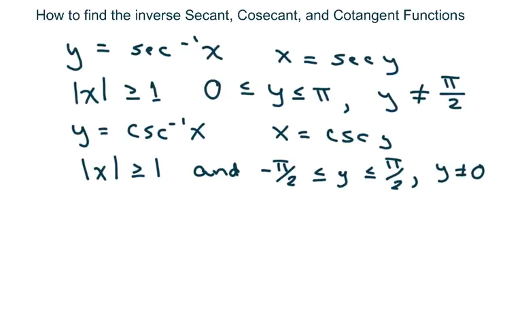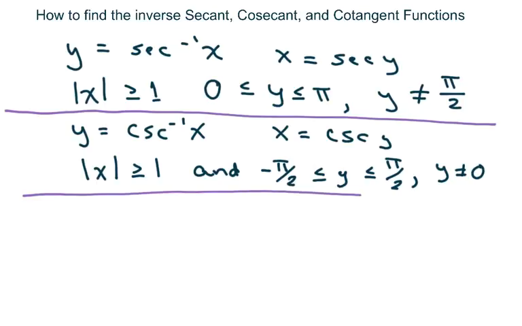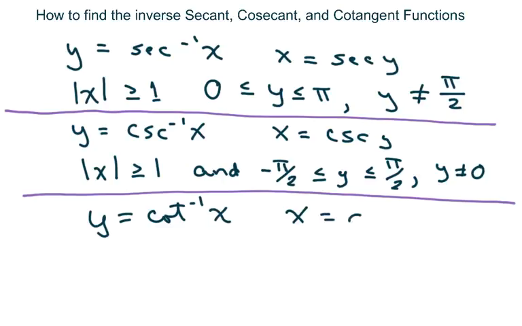And the last one is cotan. So let's separate these out. So basically we have y equals inverse cotan, and that just means x equals cotan of y.